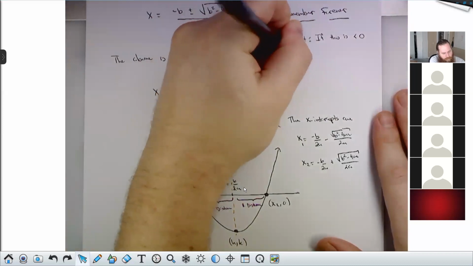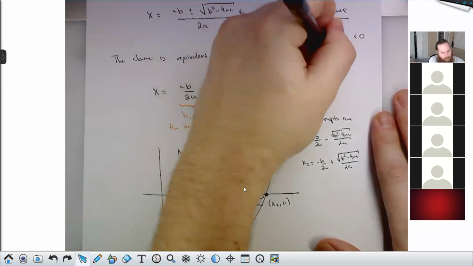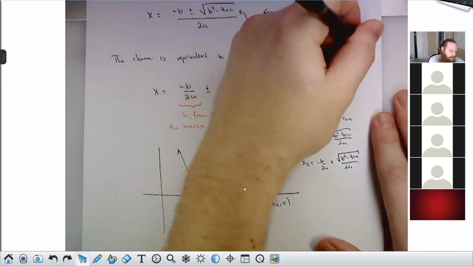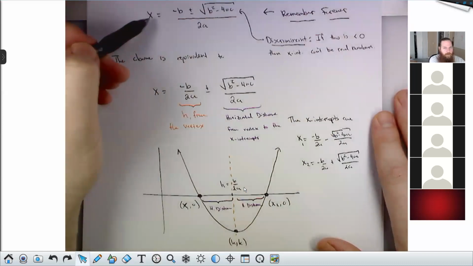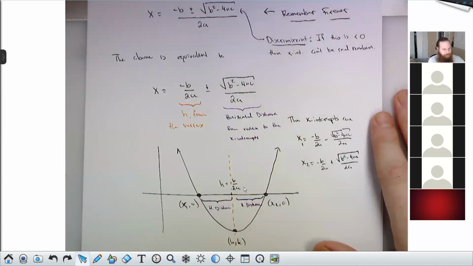Then the x-intercepts can't be real numbers, because the formula that gives you the x-intercepts involves taking the square root of the discriminant.